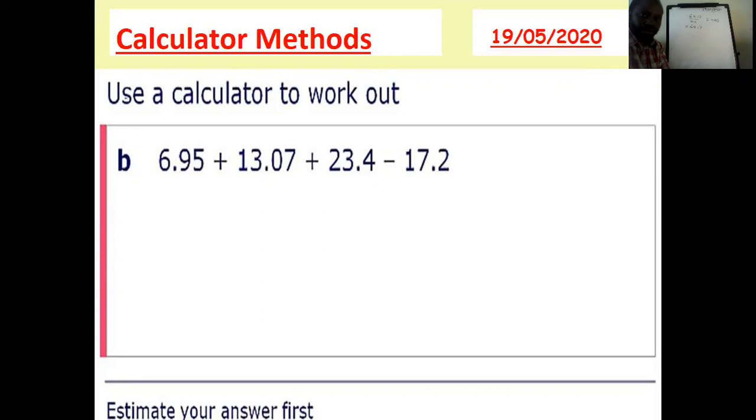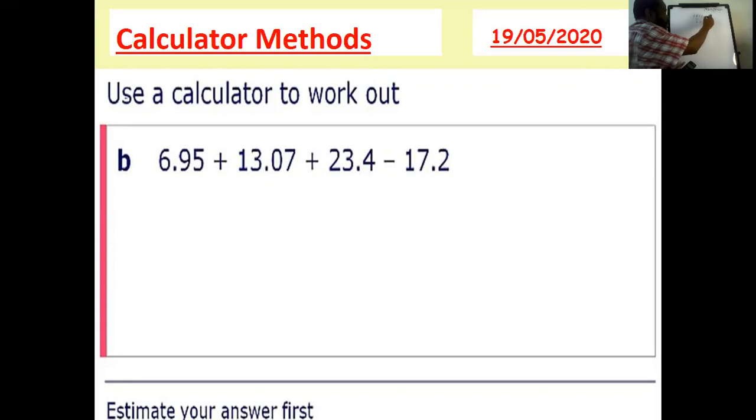And again, the calculator will give you the answer as a fraction, 1311 over 50, which you can convert to a decimal by pressing the SD button.